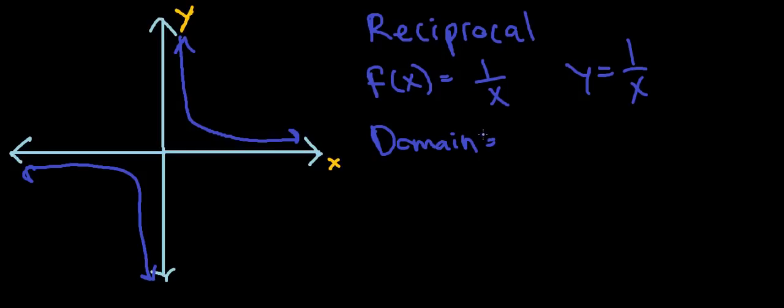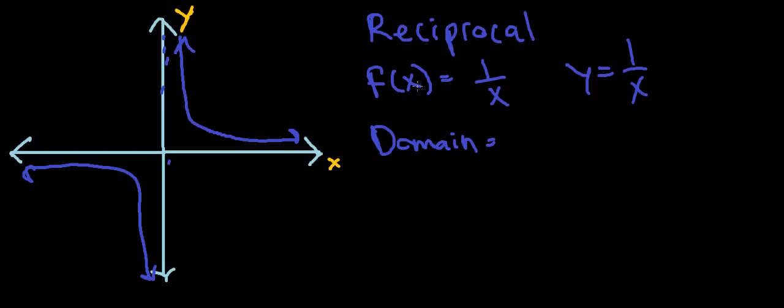Because this cannot touch 0. It can get infinitely close. This is what is called an asymptote. We haven't really talked about them yet, but an asymptote is almost like an invisible wall where the graph cannot touch. All of the x values except for 0 can go in there, and that includes something like 0.0000001.